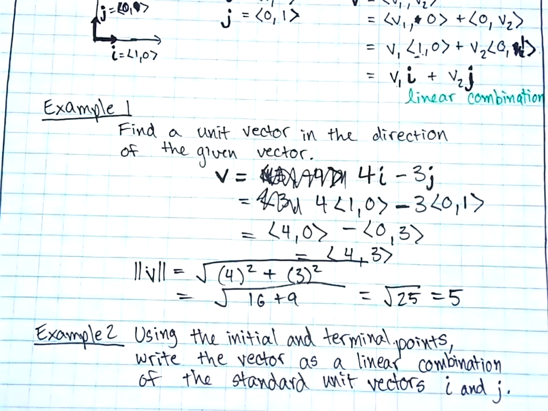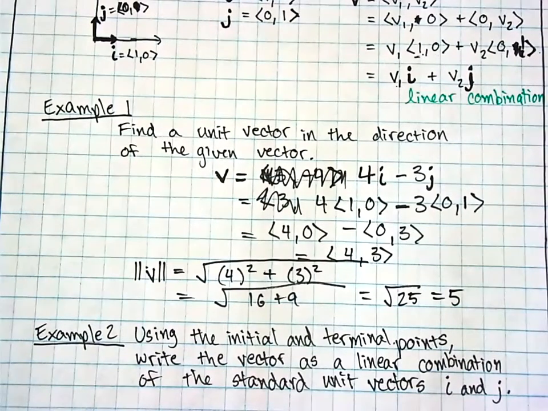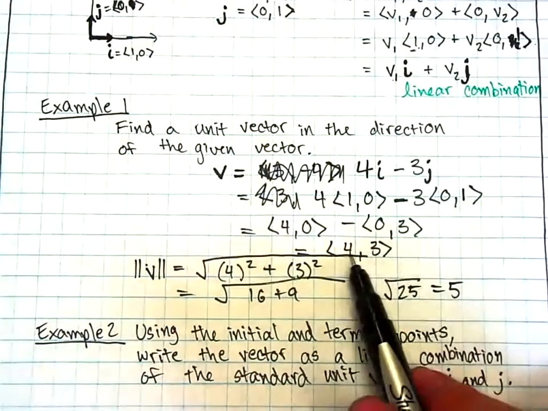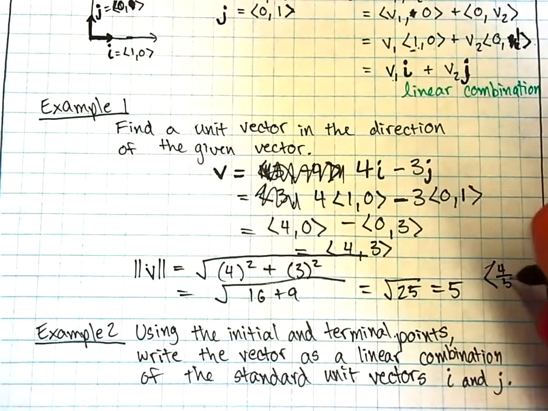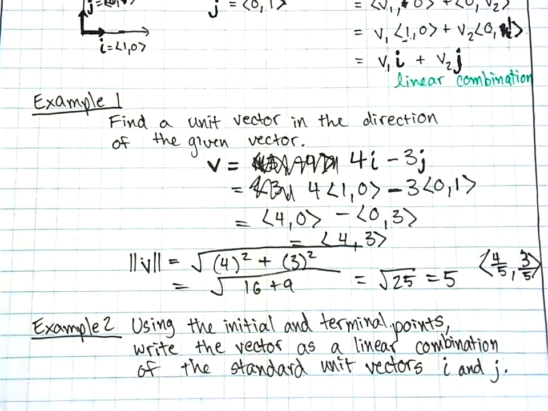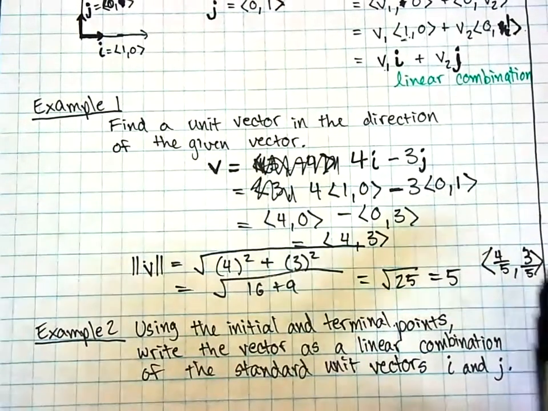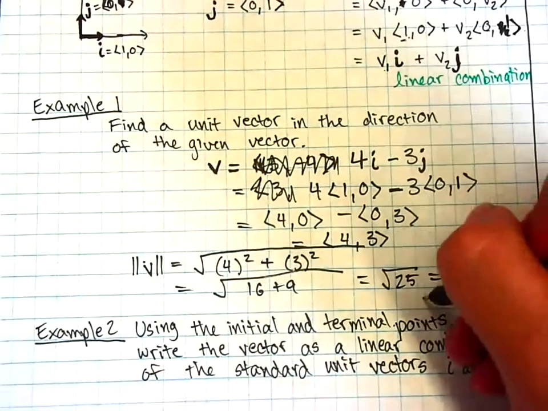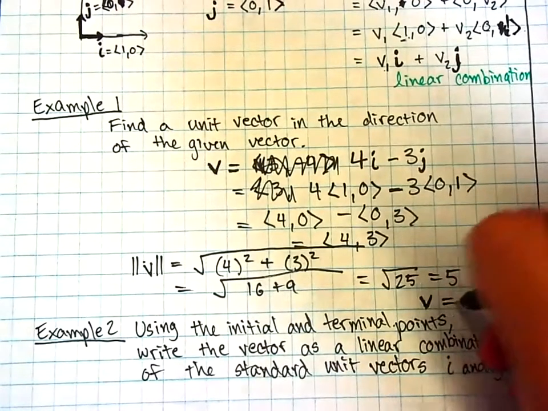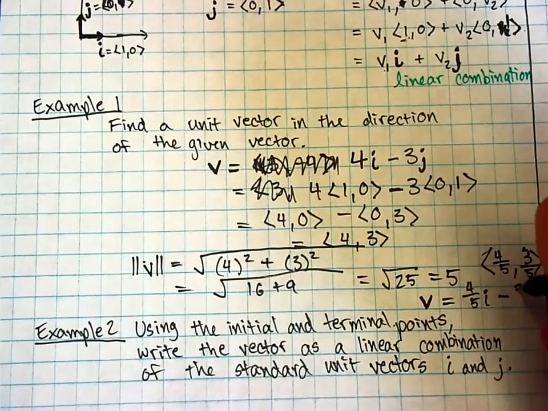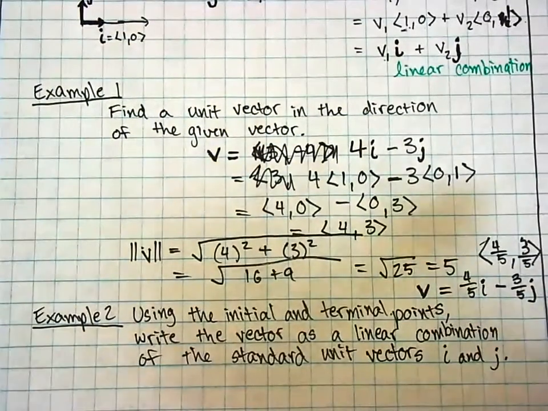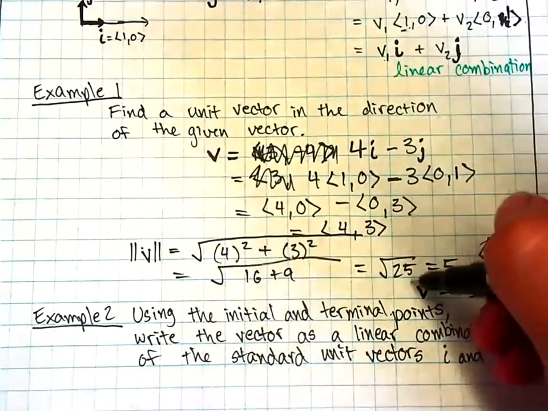Now from there, we are going to divide this entire component form by 5, so everything becomes over 5: 4 over 5, -3 over 5. And then I want to write this in the linear combination form. So that's going to look like this: v equals 4/5 i minus 3/5 j. Basically the same vector, just a different way of writing it out.